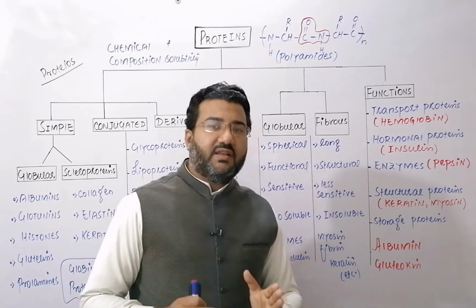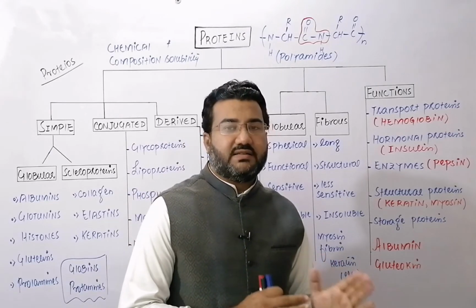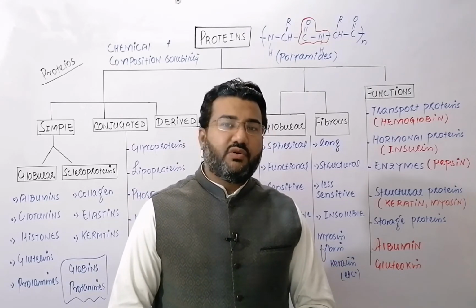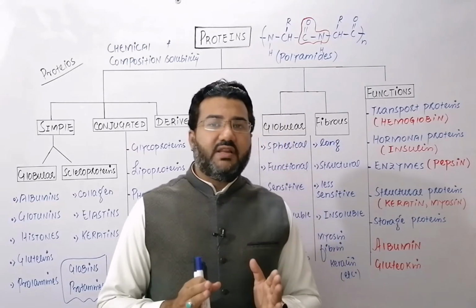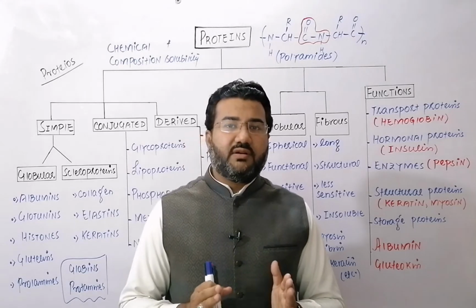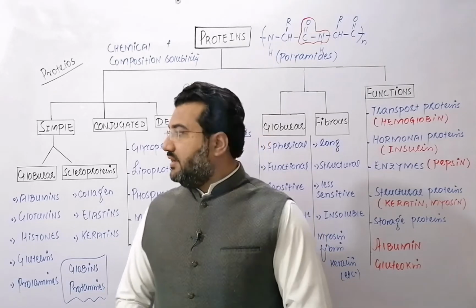So that's why proteins belong to the class of polyamides, or you can say chemically proteins are polyamides. And dear students, proteins mostly have a molecular mass greater than 10,000 grams per mole.